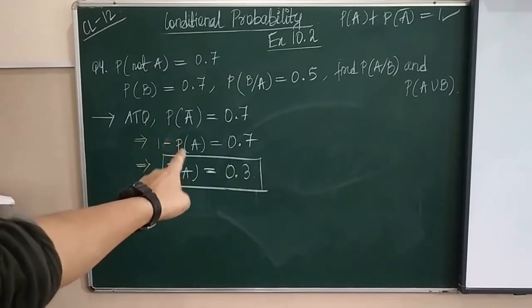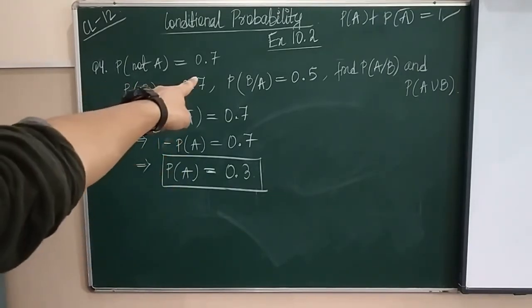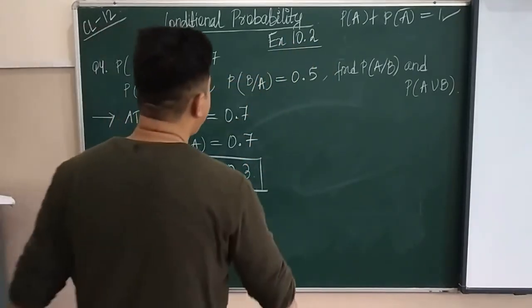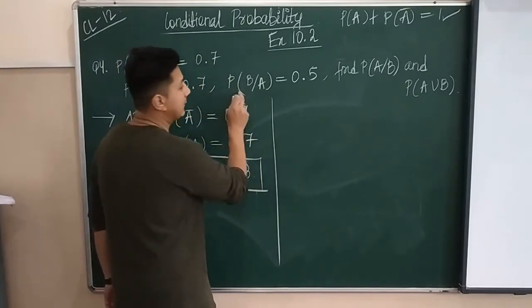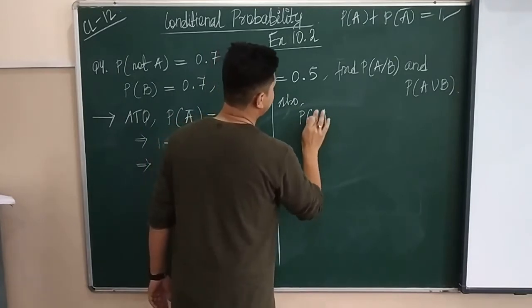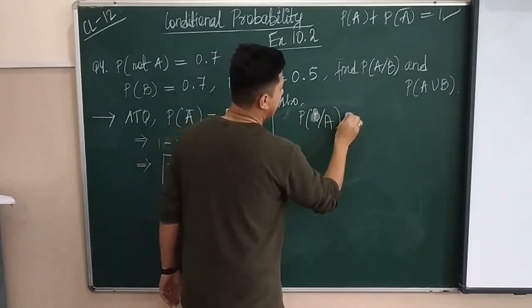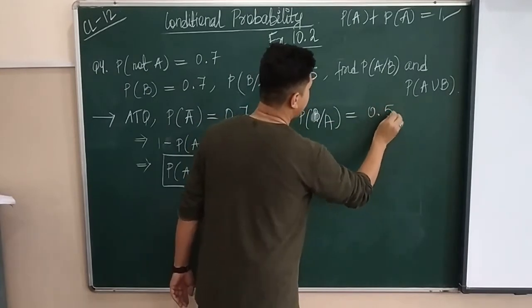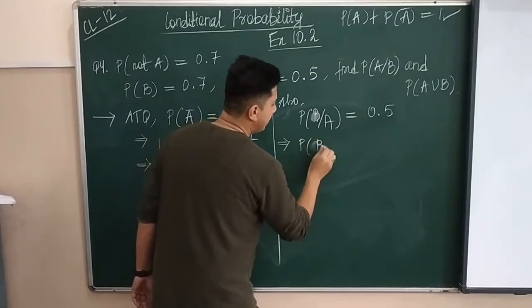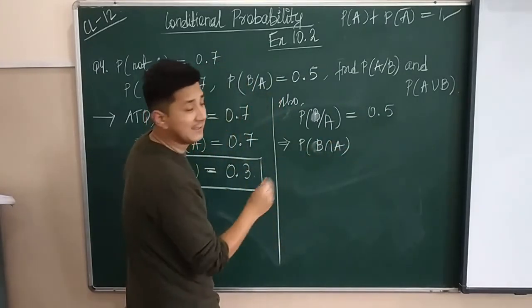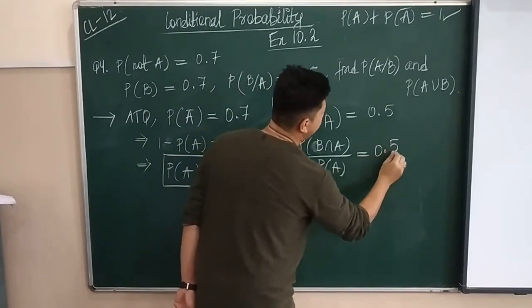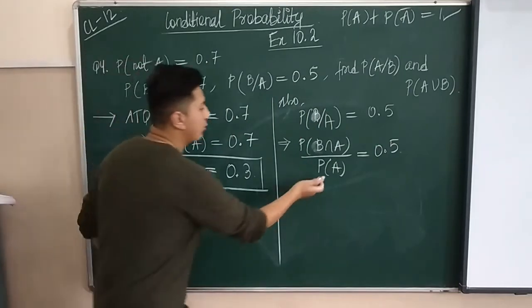I got the value for probability of A, and I know probability of B and B given A. Let us see what we can do with this. We know probability of B given A is 0.5. This means probability of B intersection A divided by probability of A equals 0.5. We got the value for probability of A, so cross multiply.